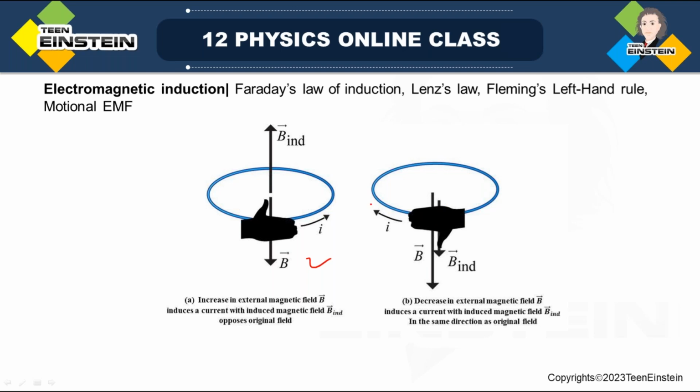That's why the current will be in the clockwise direction, such that the induced magnetic field will be in the same direction as the original field B. So this is the thing. All right, so the induced EMF in this case, when the flux linked to the coil is decreasing, produces an induced magnetic field that combines with the original magnetic field.